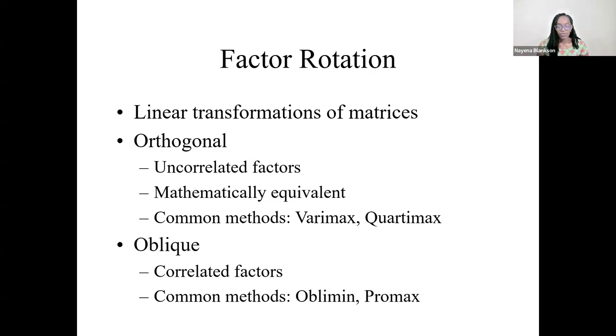Two orthogonal methods are Varimax and Quartimax. With Varimax rotation, it's essentially trying to make high loadings higher and low loadings lower within a factor. So let's say there are 3 factors. The Varimax rotation is going to try to, within each factor, have several high loadings, but other low loadings. And then factor 2 would have different variables that have the high loadings and different variables that have the low loadings.